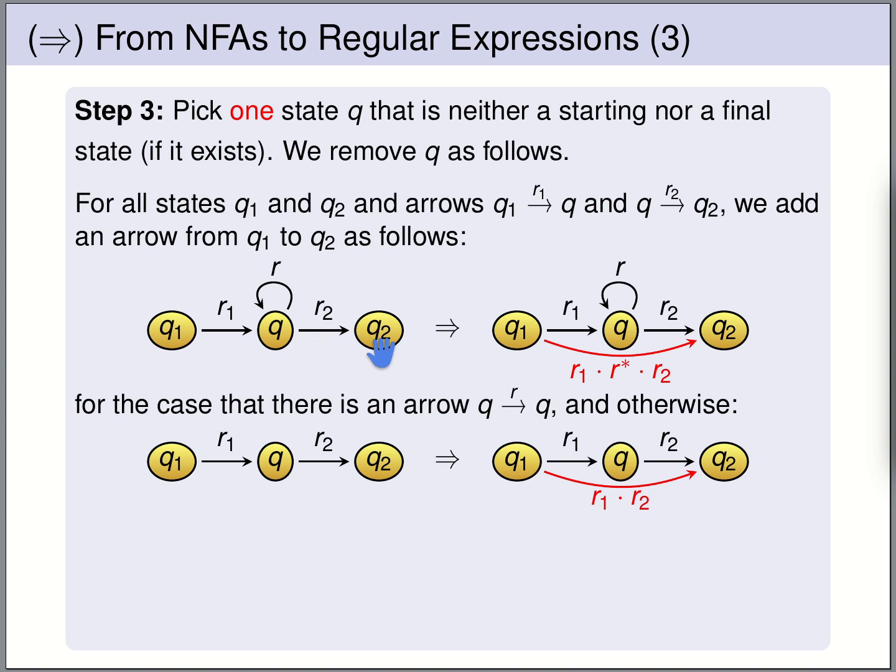Then we have to add 50 additional transitions, 5 times 10, for every combination of an incoming and an outgoing arrow from Q. So we add all these additional transitions, and once we've done this, we can drop Q without changing the language of the automaton, because now these additional transitions take care that all paths through Q are covered.